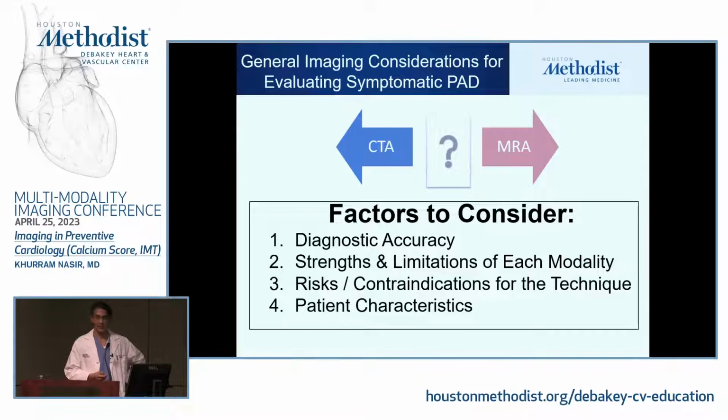Not every test is best for everyone. Some patients may have more calcium and maybe an MRI is better. Those patients who have less calcium, CT may be better. So you have to consider the limitations and strengths of each modality, consider the patient's characteristics, and consider whatever risks the test inherently has itself.